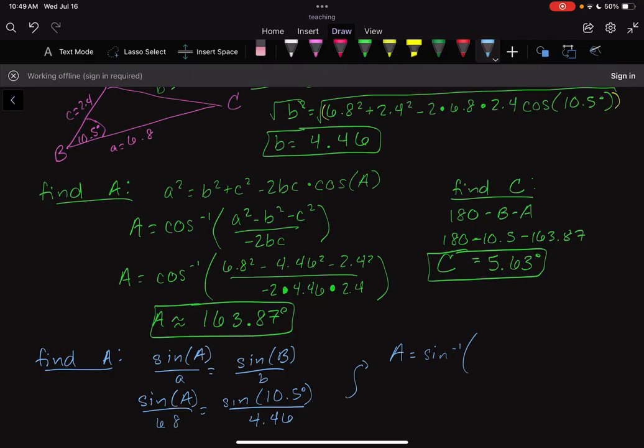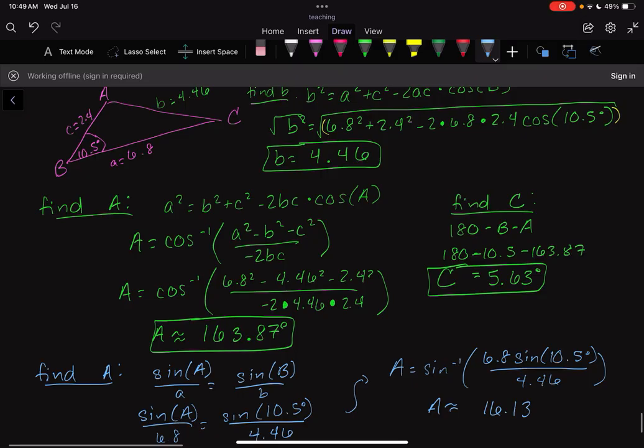I'm not showing too much work here, just the bare bones of the formulas. I got 16.13. And that's not right at all.